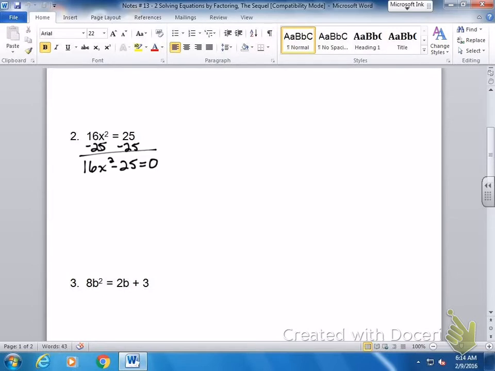Now, this is not a trinomial. There's no GCF we can take out of it, so we only have one option for binomials, and that's going to be difference of squares. And if you notice, 16 is a perfect square, so is 25, so is x squared, and it's subtraction. So this one ends up being difference of squares.